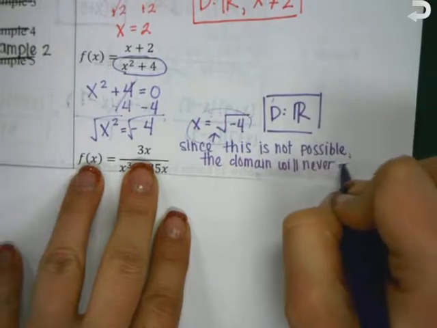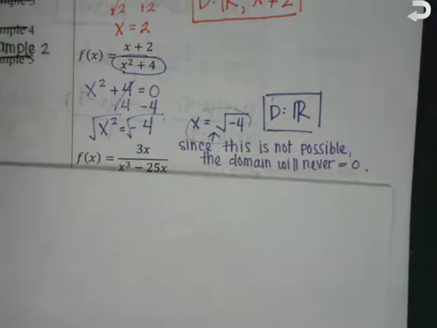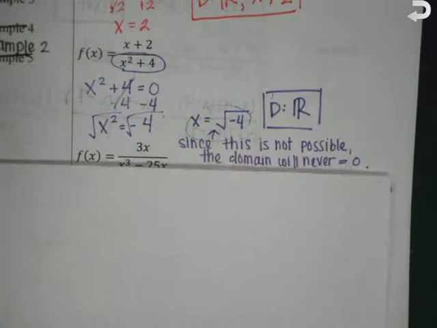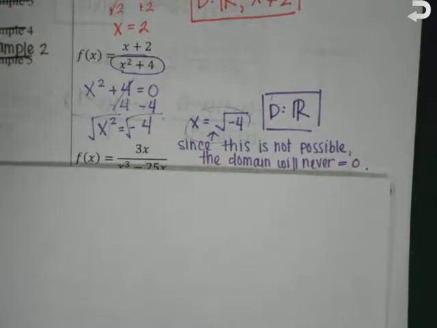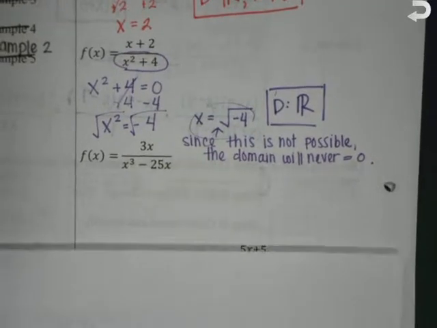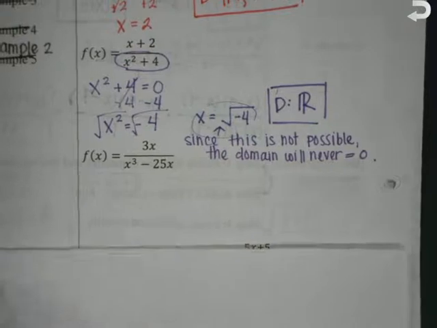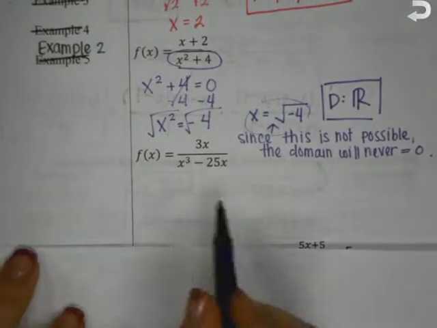So we can plug in anything we want. Okay? Example 3. f of x equals 3x over x cubed minus 25x.